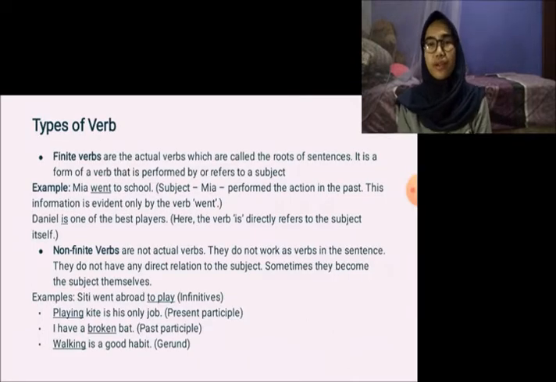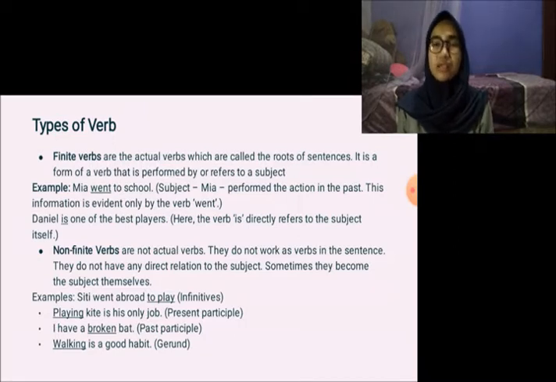Now I'm going to tell you the types of verbs. The first is finite verbs. What are finite verbs? Finite verbs are the actual verbs, which are called the roots of the sentence. It is a form of a verb that is performed by or refers to a subject in the sentence.